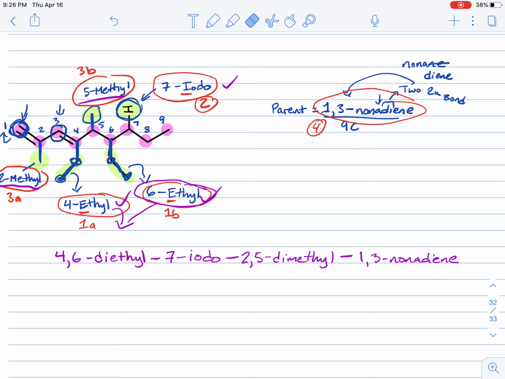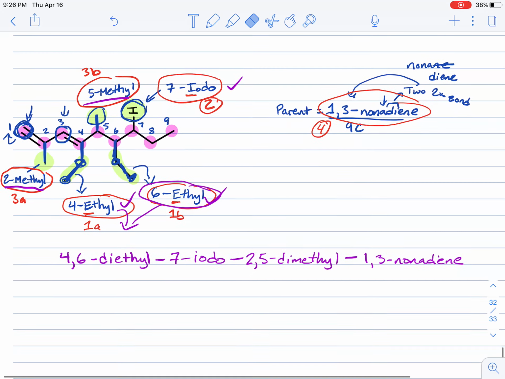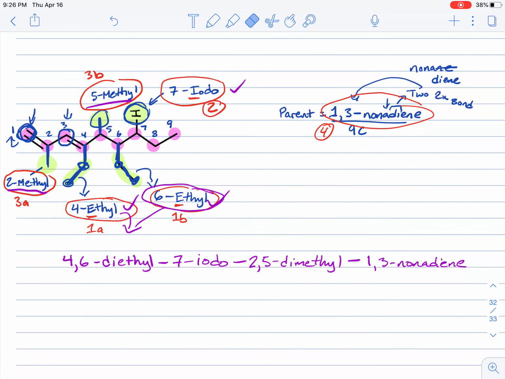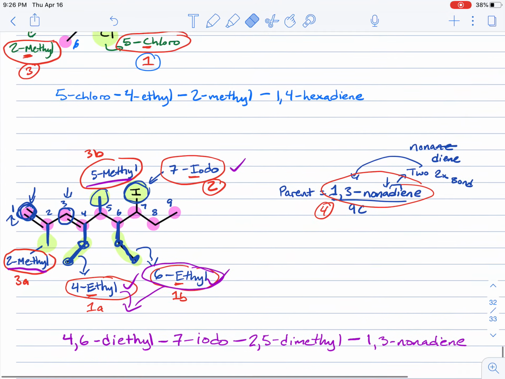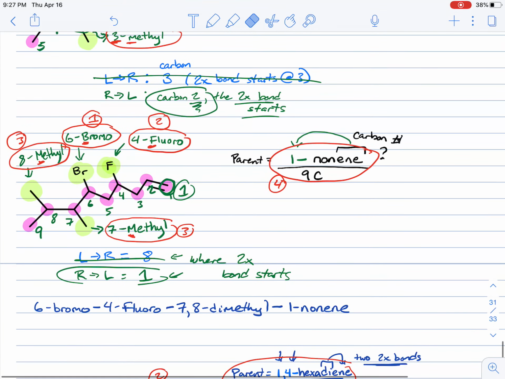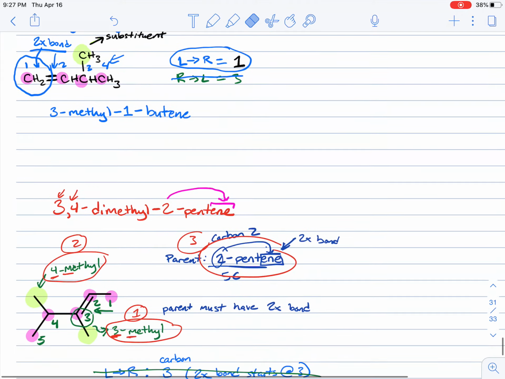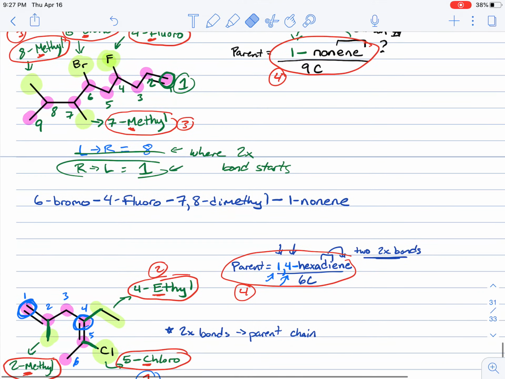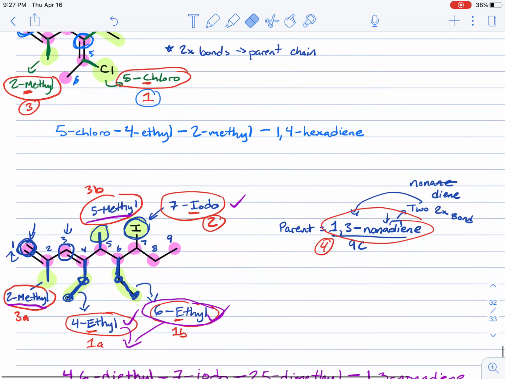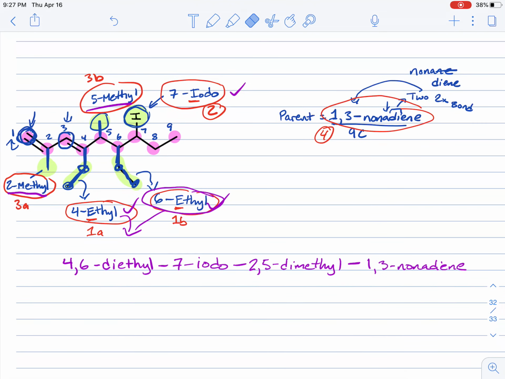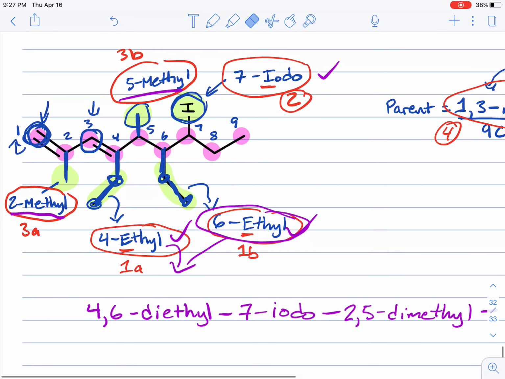Try to see and understand the pattern of how I'm solving these problems. Yes, I am kind of changing how I'm presenting it per scenario, just ever so slightly. So for example, sometimes I don't put in the 1s and 2s and stuff for some of these previous examples, but I'm just basically providing you guys all the tools to help you organize your train of thought, to help you lessen any mistakes in terms of naming these organic compounds.